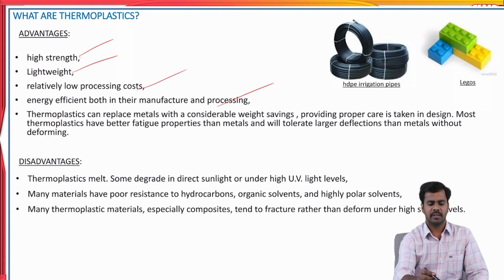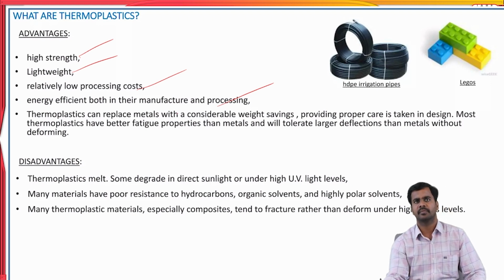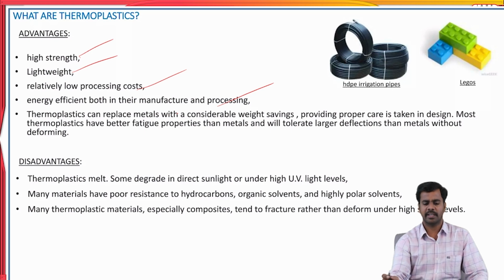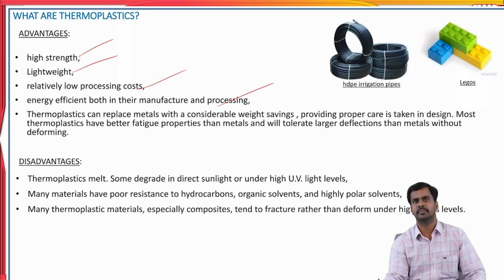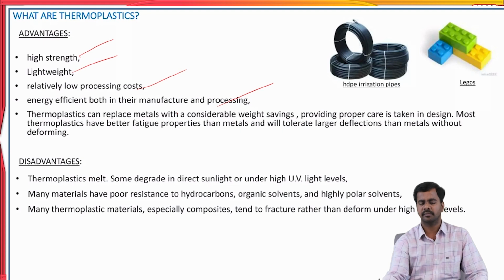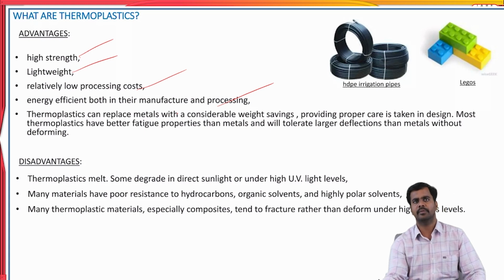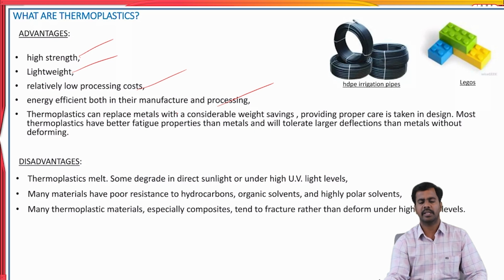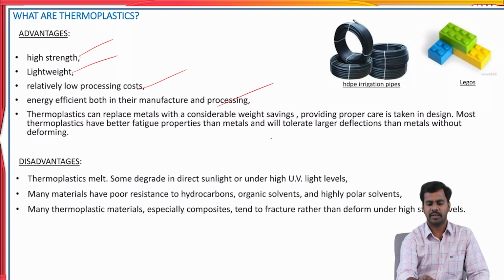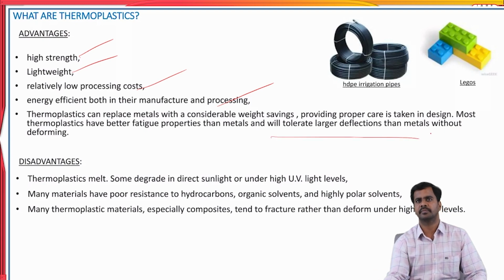Thermoplastics can replace metals with considerable weight savings, providing proper care is taken in design. Most thermoplastics have better fatigue properties than metals and will tolerate large deflections without deforming.